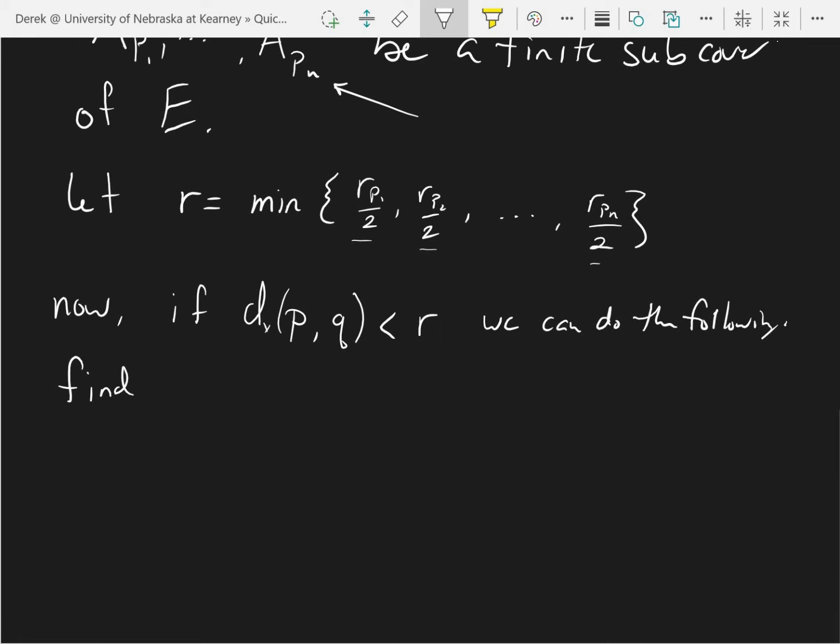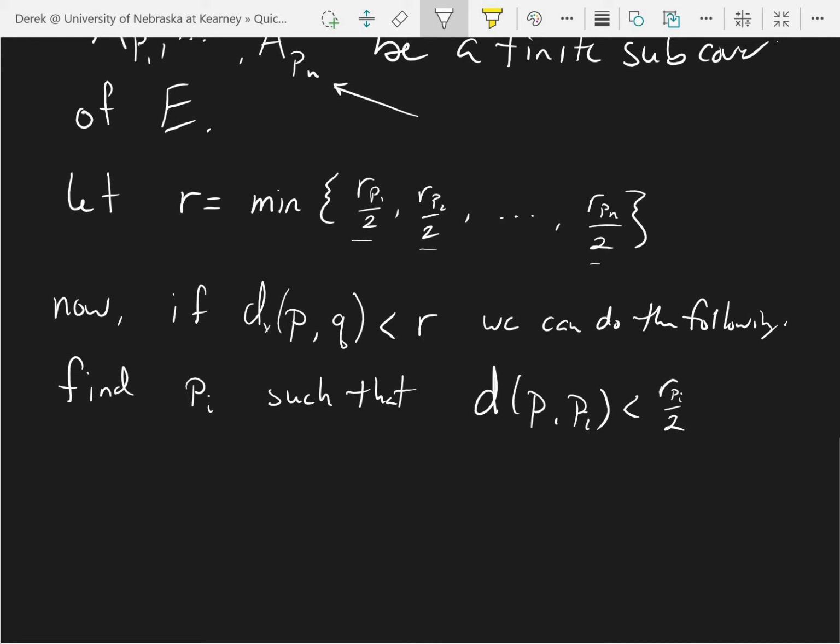Okay, so we're going to find a P sub I such that the distance from P to P sub I is less than, not R, but is less than R sub P sub I over 2.